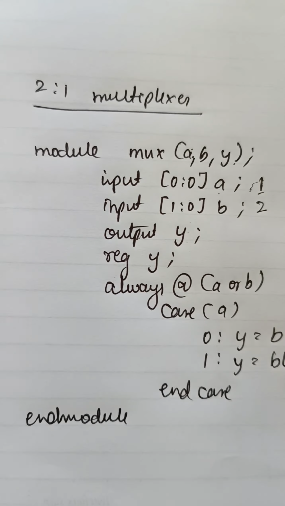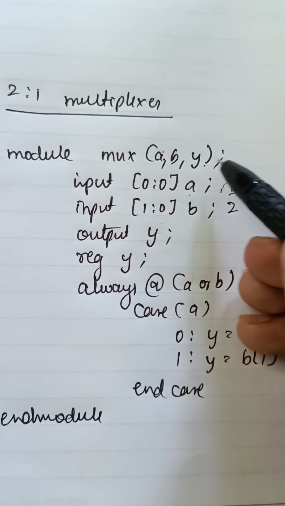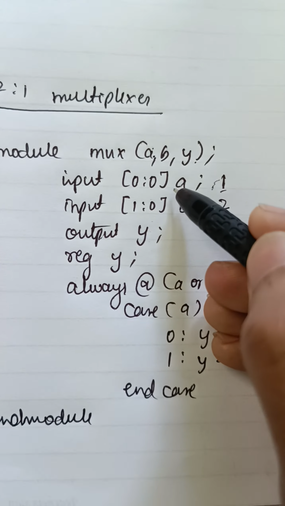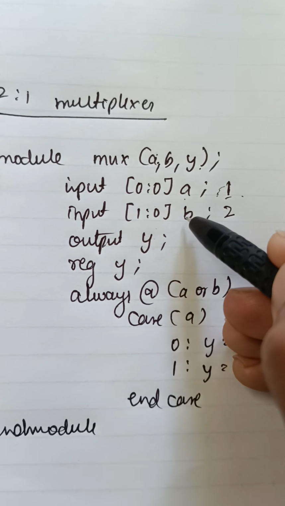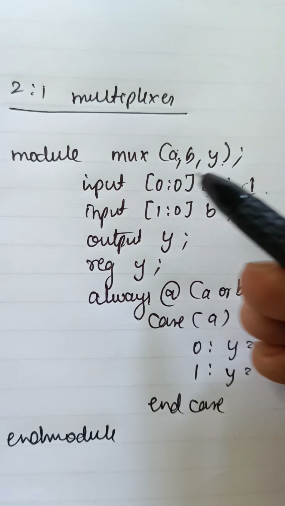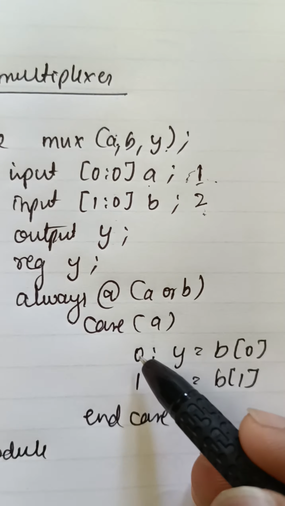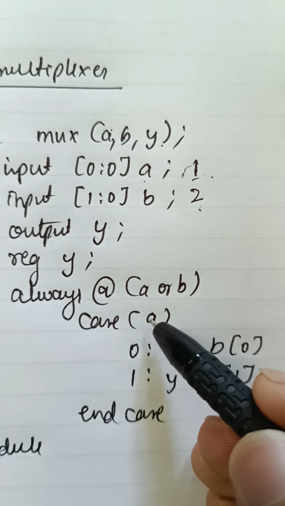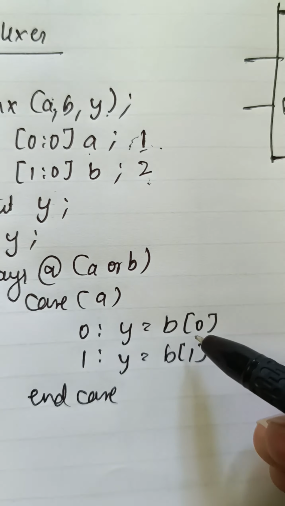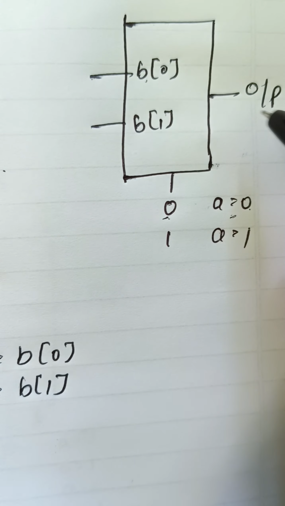Now we will discuss the 2:1 multiplexer. Here also the inputs are A and B, where A is the select and B is the inputs. There is 0 to 0 select, that is 1 select, and B is from 0 to 1, that is 2 inputs in the 2:1 multiplexer. The output is Y. In case A, if the select is 0, then Y will be B of 0, that is the output.